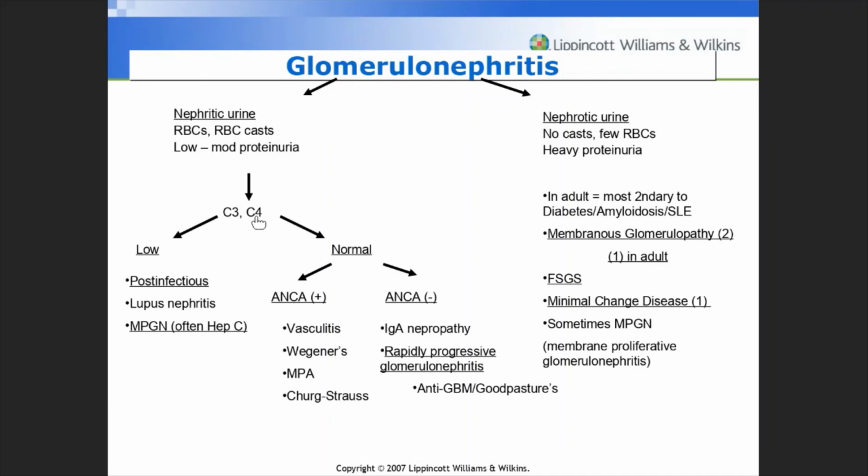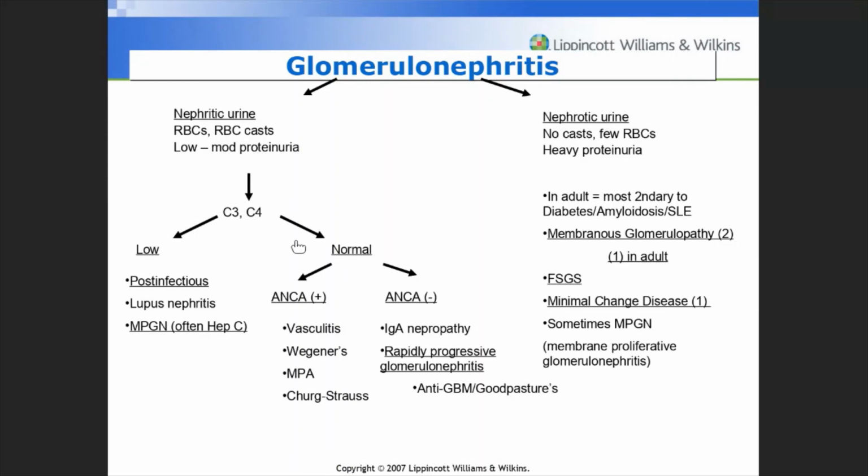But when C3 or C4 is low, that is the differentiation between post-strep versus rapidly progressive glomerulonephritis, if you will. Okay? All these terms, if not familiar to you, should be familiar to you, right?